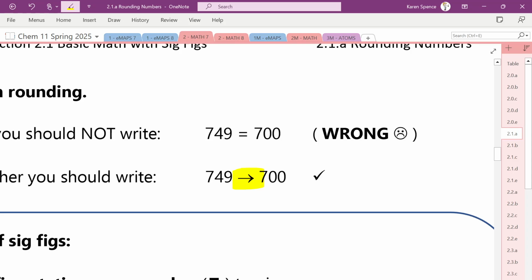We are rounding. We're not making it equal because they don't equal. Yes? So for example, if you would do 333,878, say the question asks for 4 sig figs. Instead, we would put an overbar over the 0.